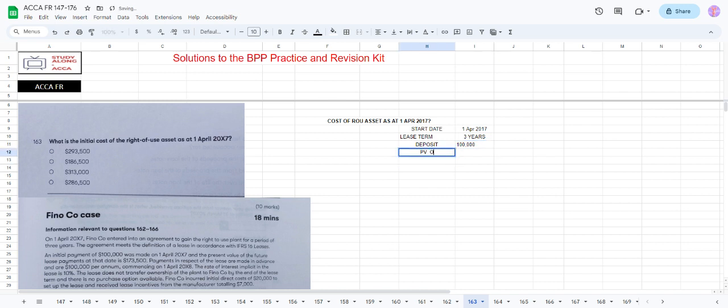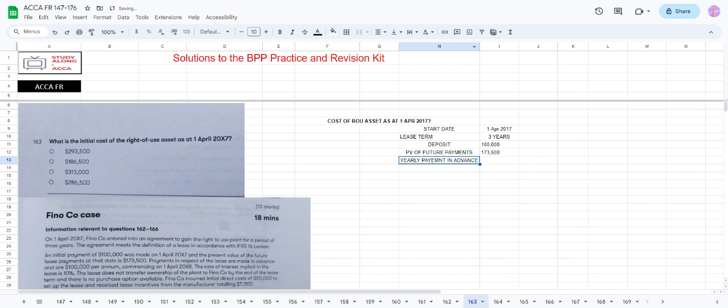So the present value of future payments is given as 173,500, and the yearly payment, in advance, like on the first day of the year, they pay 100,000.